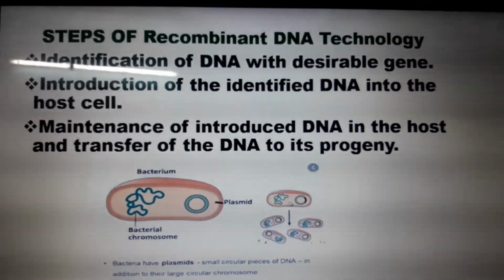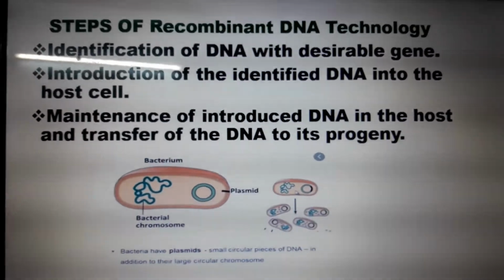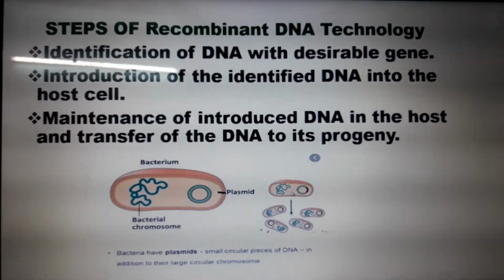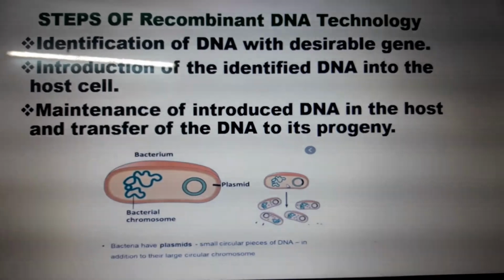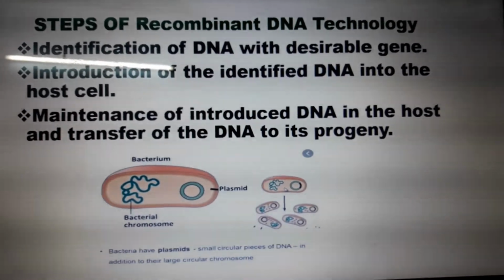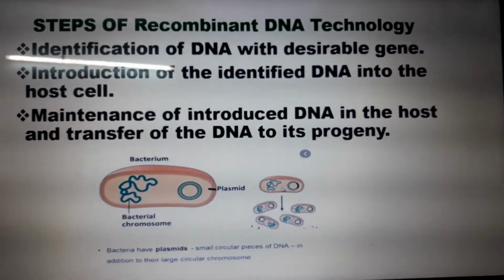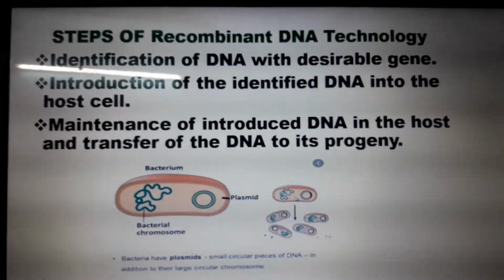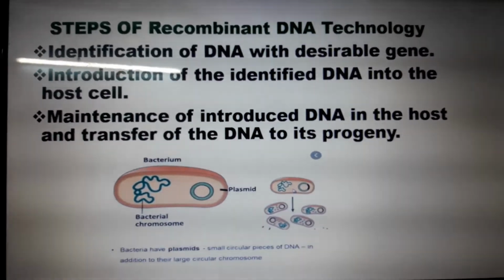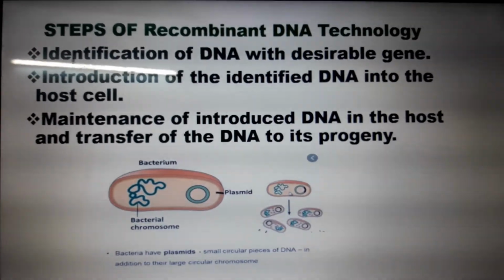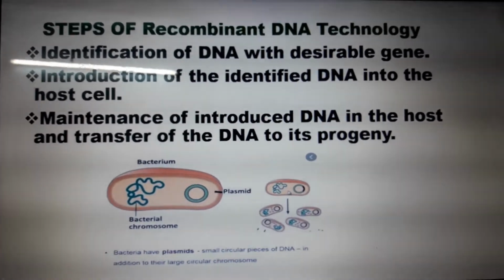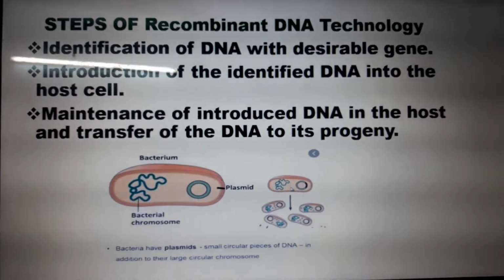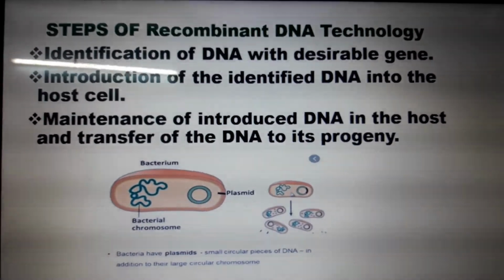So we want insulin so that the patient can be cured. So we'll take out that insulin gene from a healthy person. Okay. That gene is introduced into the E. coli. E. coli is a bacteria which grows very fast. It can take up that foreign DNA having that insulin gene.